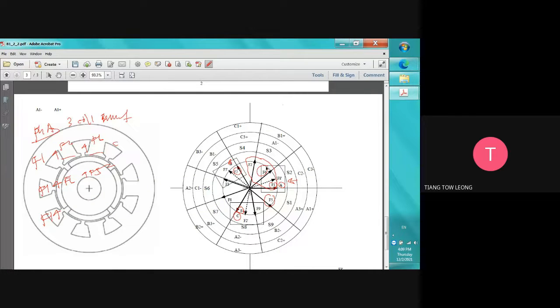So usually we choose the nearest one. The nearest one is F1 plus F2 plus F6, and then F1 plus F5 and F6. Up to here, understand or not? We also can choose F1, F5 plus F9. Up to here, understand or not, class?